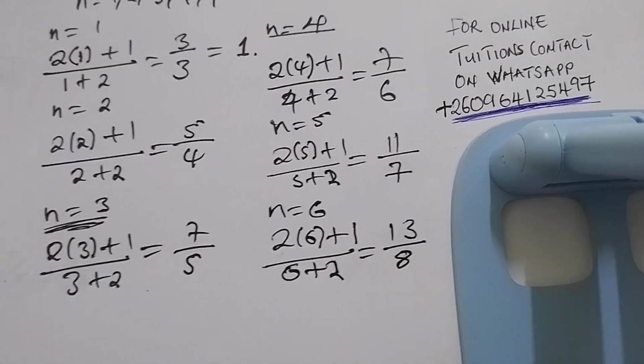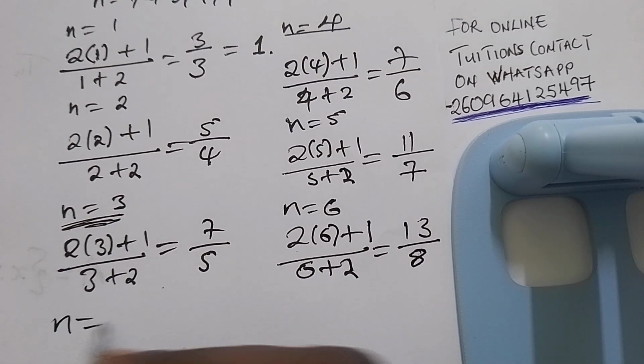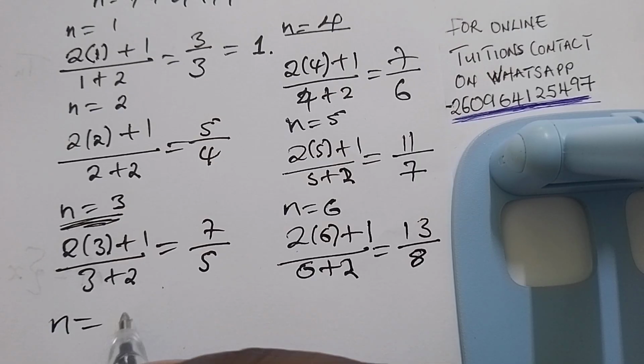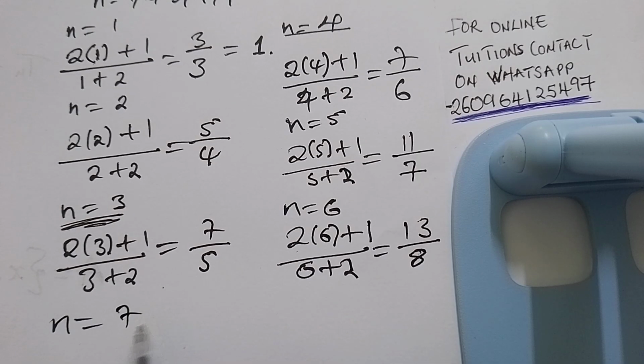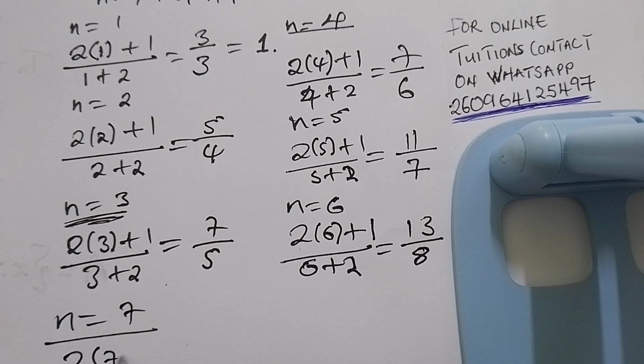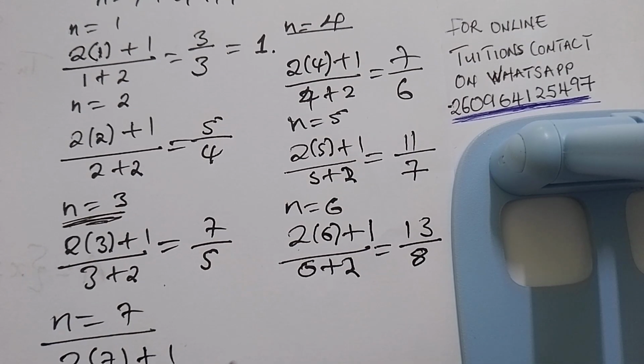And the last one is going to be n equal to 7. This is 2 times 7 plus 1 over 7 plus 2.